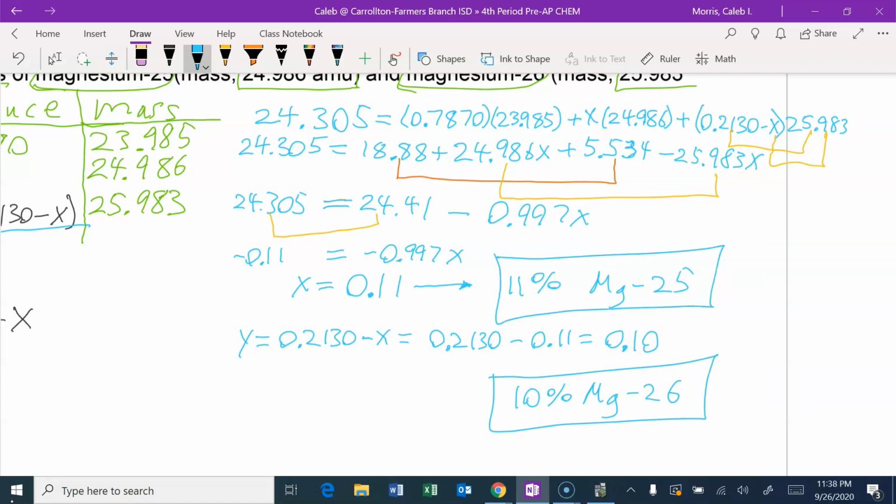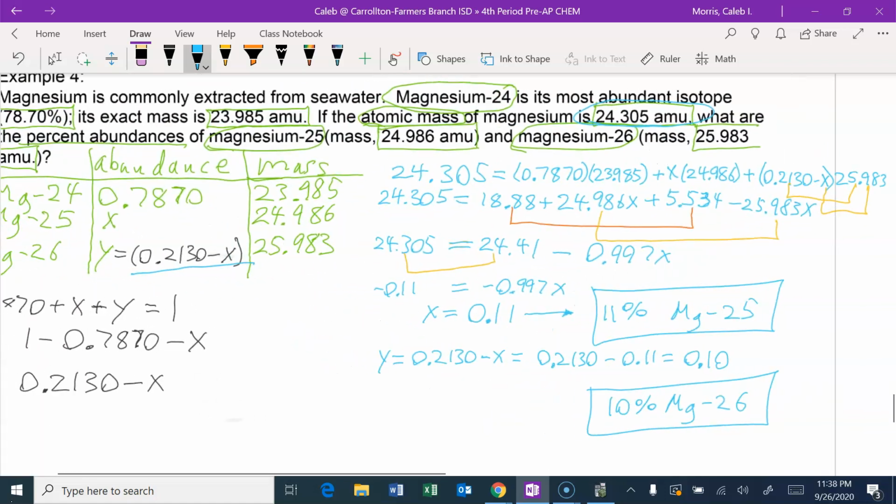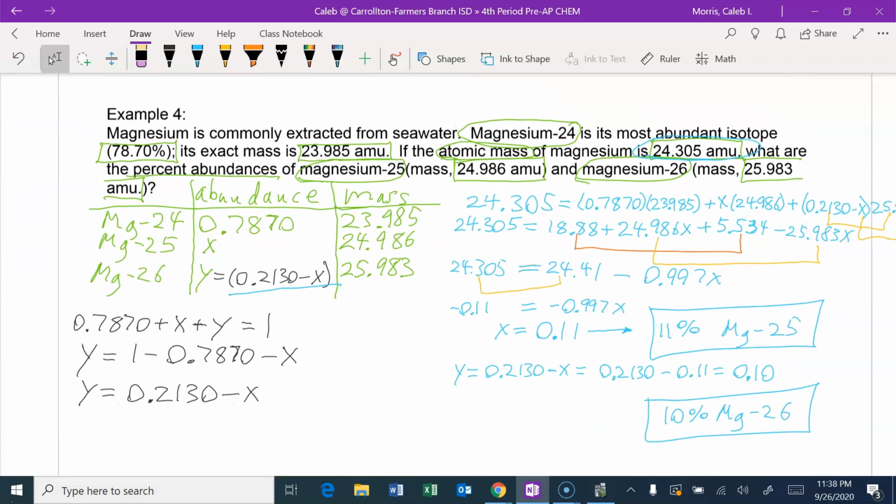We could add them up and check our work. If I have 11% plus 10%, plus the 78.7%, you end up with 99.7, which to significant figures is 100%.